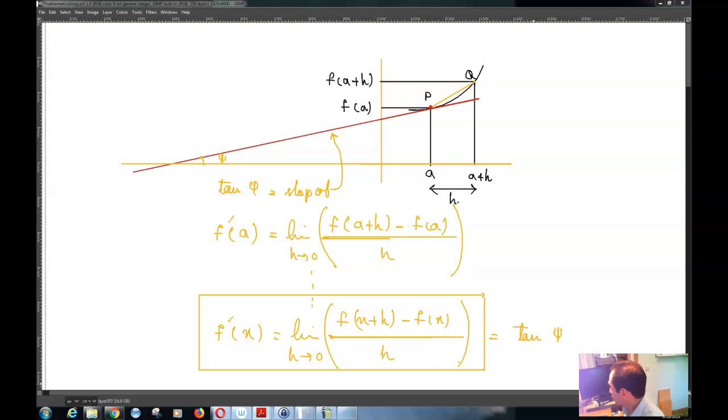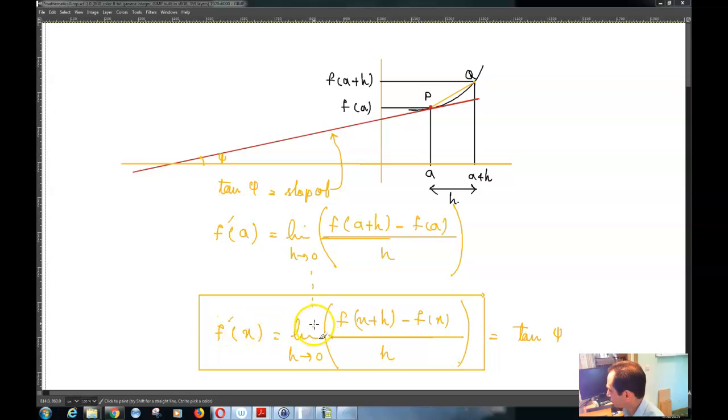So the function defined by the limit of f of x plus h minus f of x over h as h tends to 0, wherever this limit exists, is defined to be the derivative of f at x and is denoted by f prime of x.